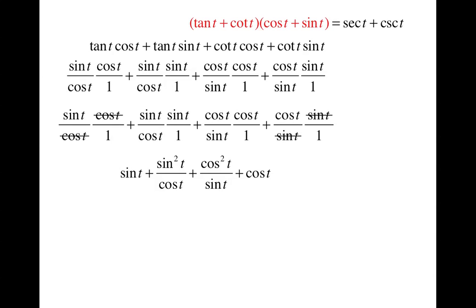If I try to do LCD of the middle, which some of you may be inclined to do because you recognize a possible Pythagorean identity, the problem we have is it's going to up our exponents to 3's, which isn't going to help us, especially considering the answer that we're looking for.